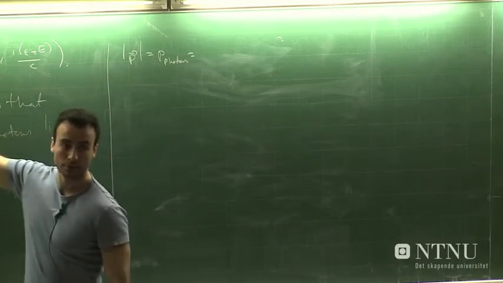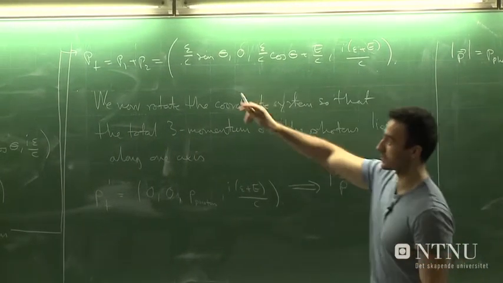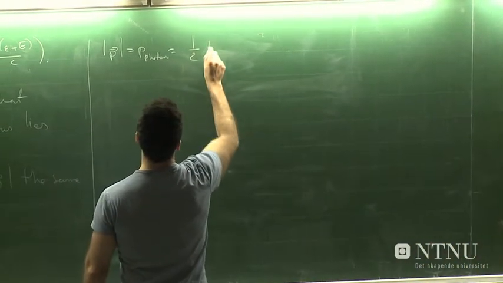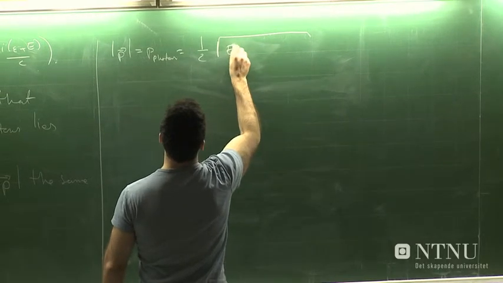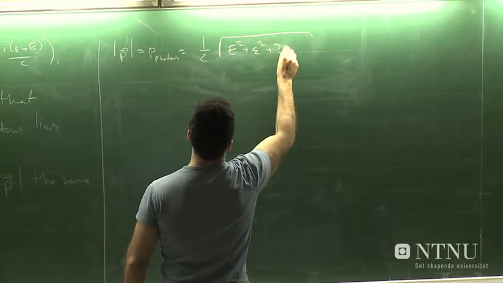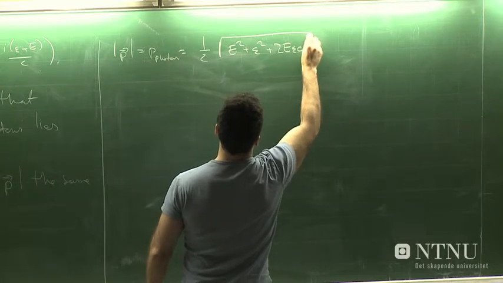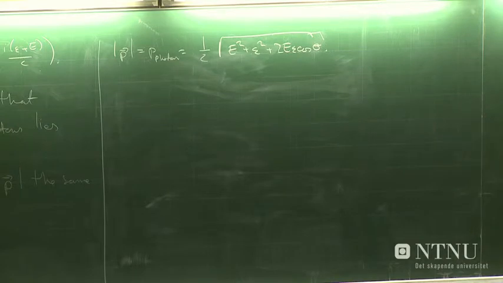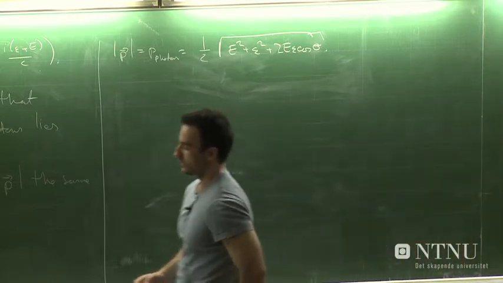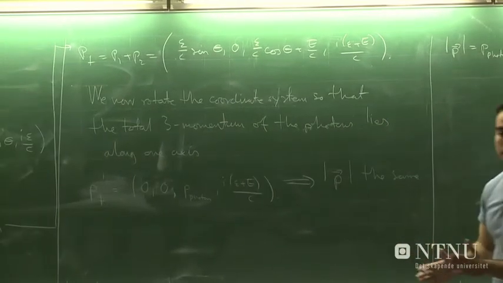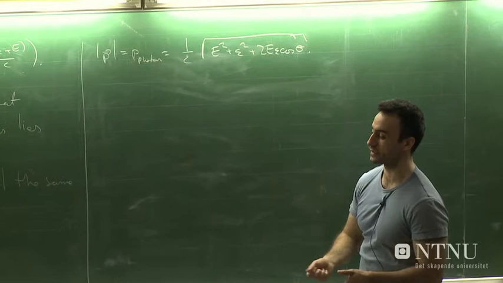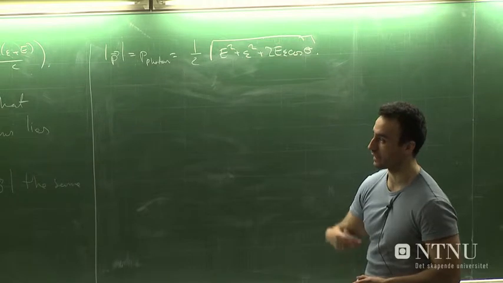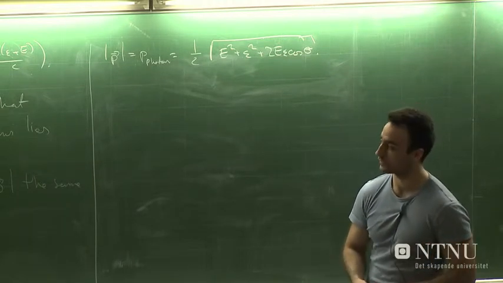And the magnitude of this three momentum I can obtain just by squaring each of these components and then taking the square root. So I get 1 over c, like this. So the total three momentum in this rotated system is given like this, so that the magnitude of the momentum is the same in both systems. I then have my invariance, Lorentz invariance.